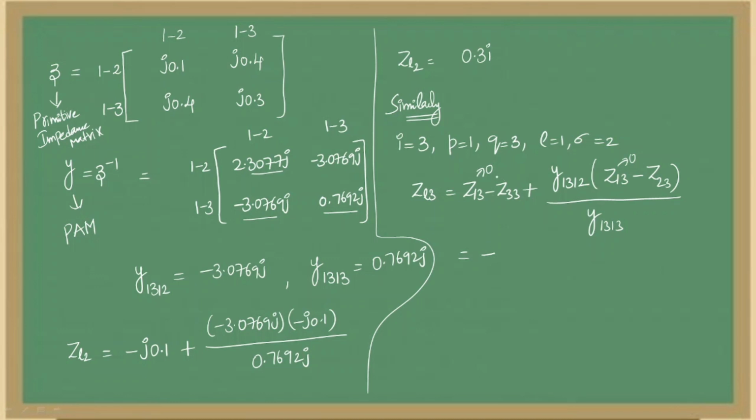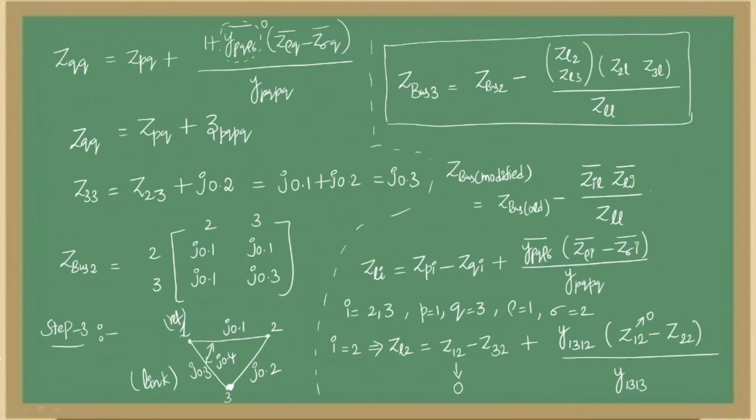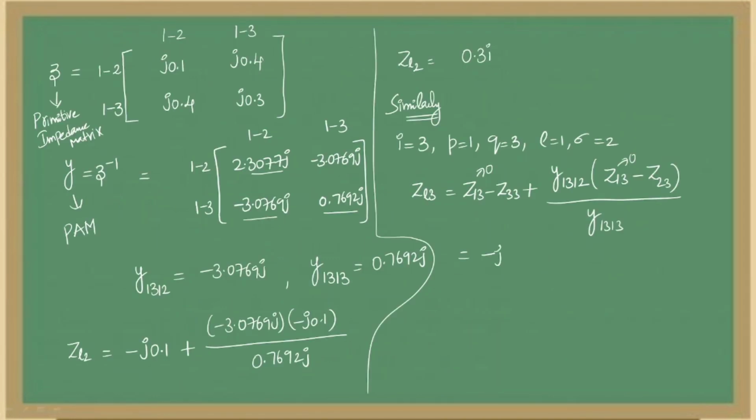Z33 value already we have found. What is Z33 value? 3, 3. So Z33 is J 0.3. Substitute that value here, minus J 0.3 plus Y1312 is minus 3.0769J as it is, and minus this 0, and you have minus Z23. Z23 is J 0.1 divided with Y1313.